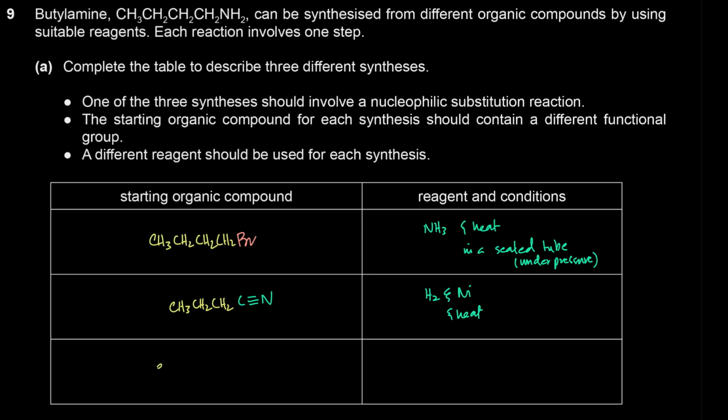If I have something like this, with a CO and NH2, that's an amide linkage. If I reduce that amide using lithium aluminum hydride in dry ether, or anhydrous lithium aluminum hydride and heat, I can reduce that amide to form an amine.